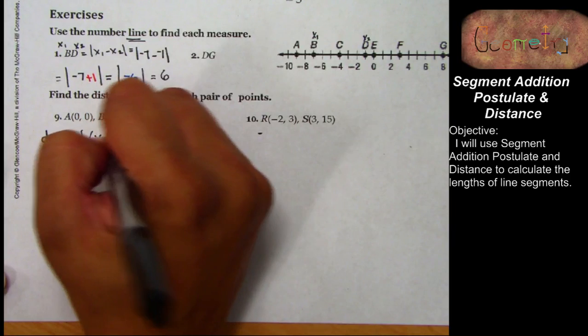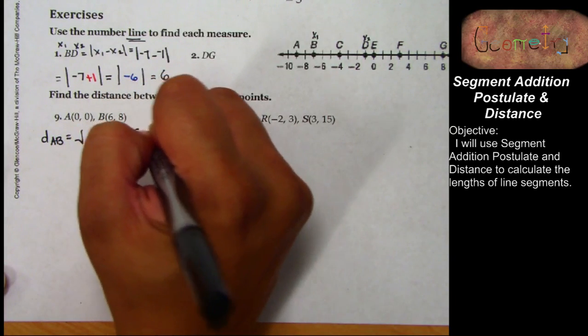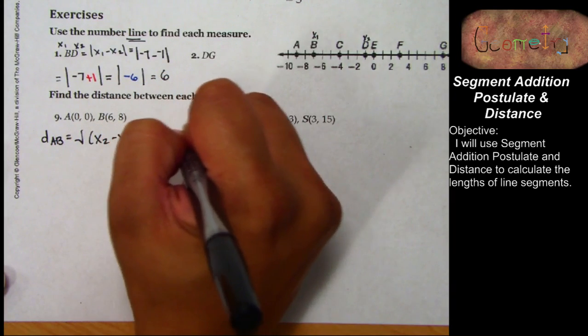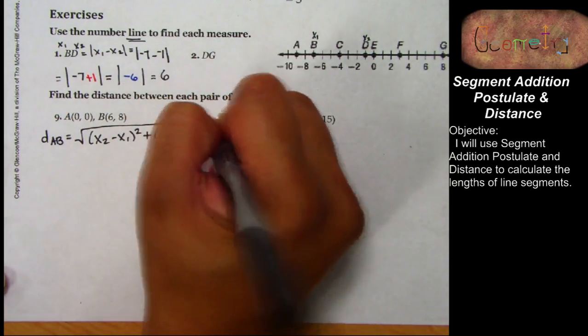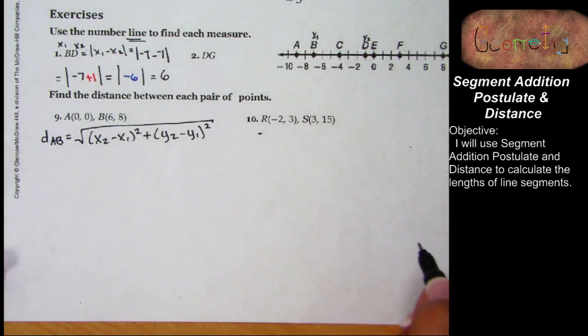So we need to use the formula for distance on a plane, which is the one with the square root. I ask you please when you're doing this to rewrite the formulas each and every single time you're going to use it. Is it tedious? Yes. Will it set you up for success on some of the other things we're doing? Most definitely. We need to decide which point is x1, y1, and which one is x2, y2.